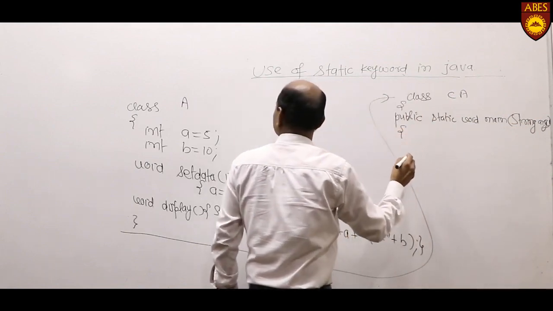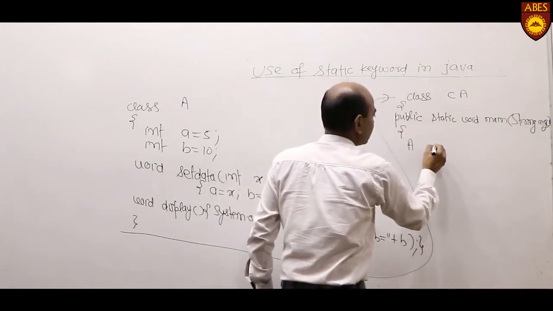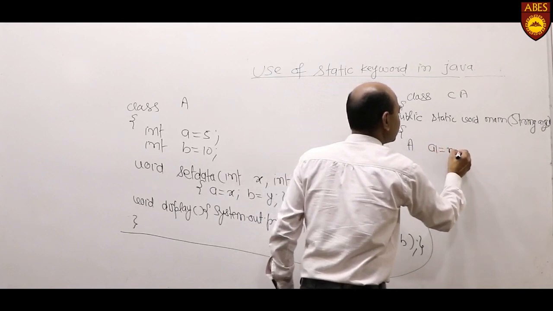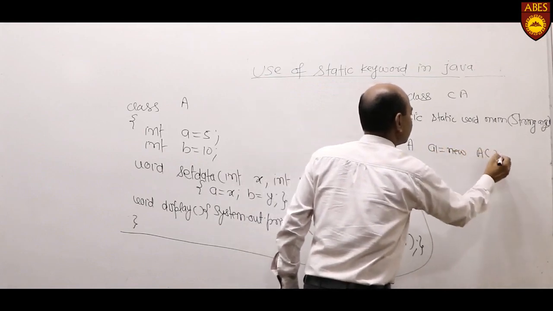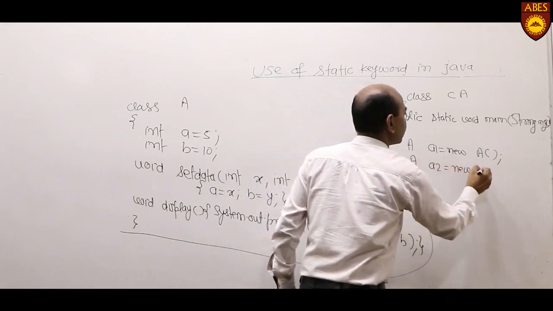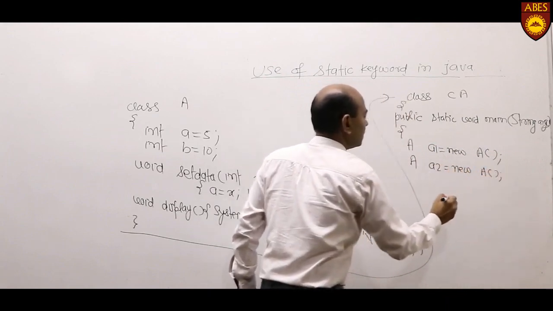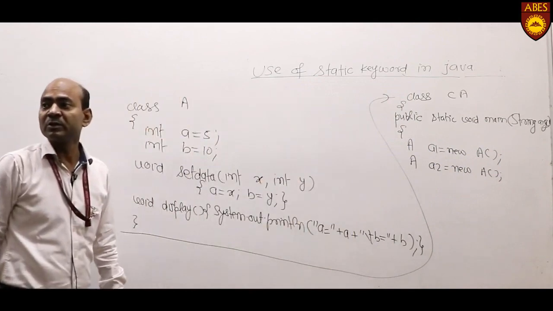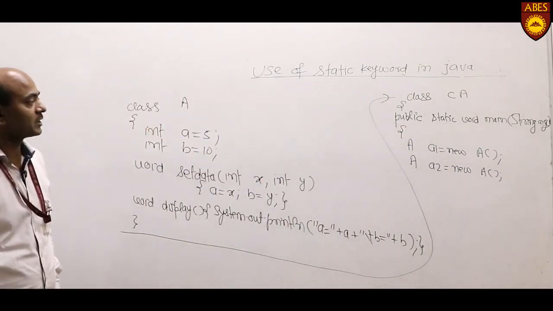Now I am going to create two objects of this class, A1 = new A and A2 = new A. Now we will see the memory allocation to the A1 and A2 objects of this class.